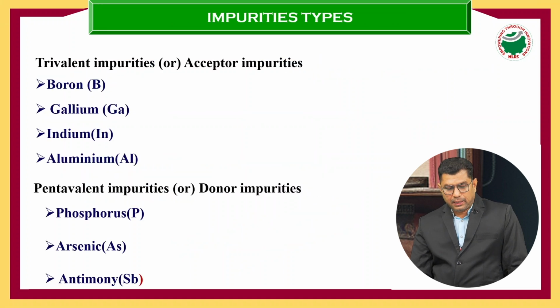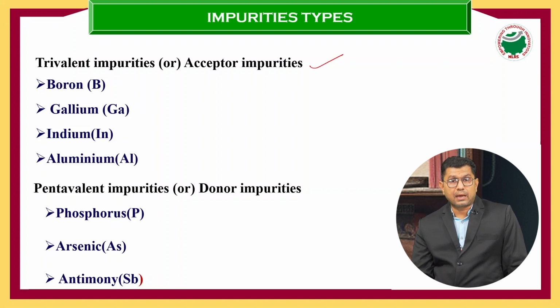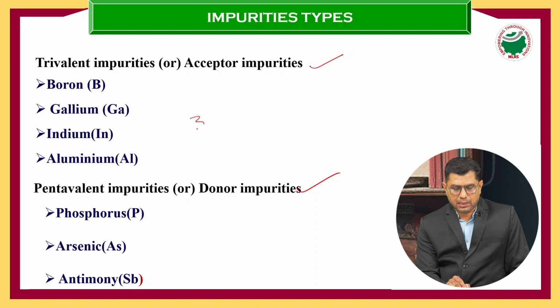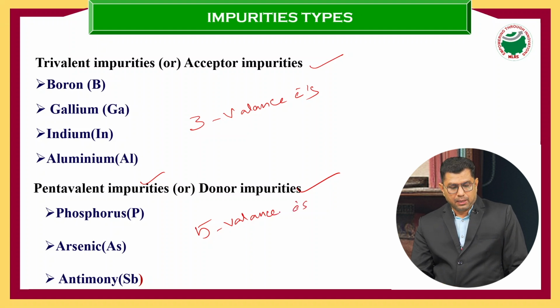There are two types of impurities available for doping. One is trivalent impurities, the other is pentavalent impurities. Trivalent impurities have three valency electrons. Pentavalent impurities have 5 valency electrons. Our intrinsic semiconductors are tetravalent.